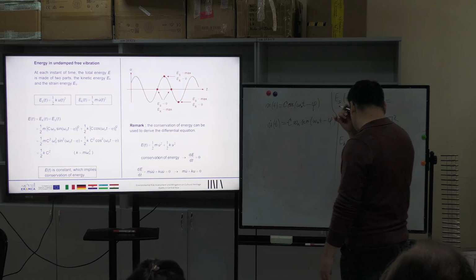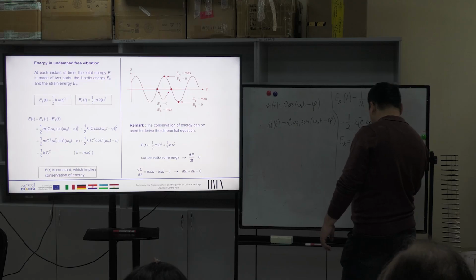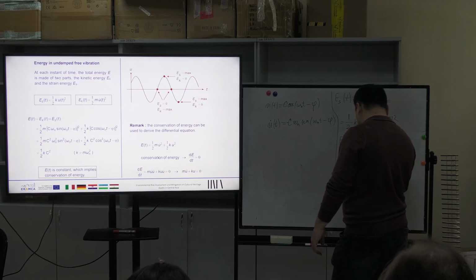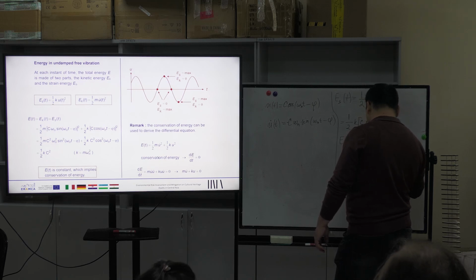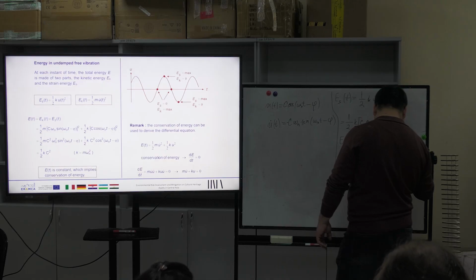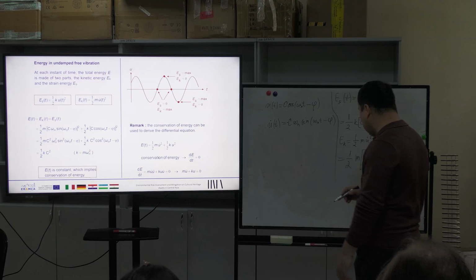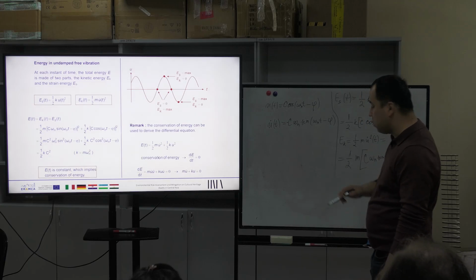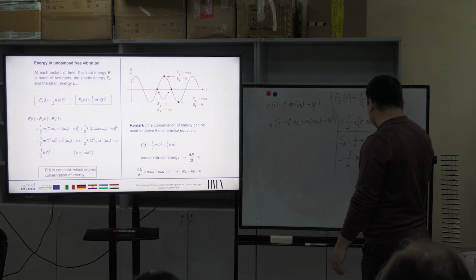It should be something like this. If I derive from this formulation, it will become 1 over 2 m c omega n sine squared (omega n t minus phi). Okay? Until here, okay, everything?